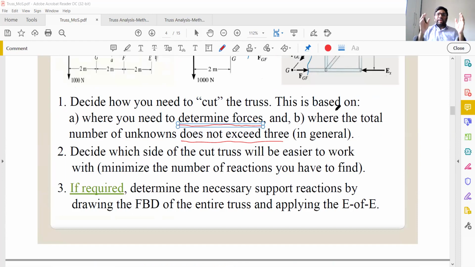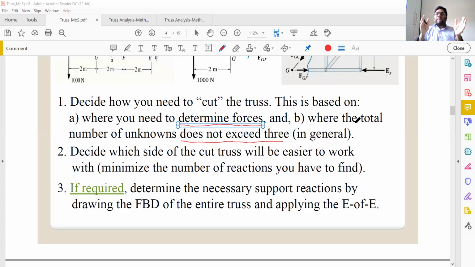Let me take an example where a train is moving from left to right. Left is 0, right is 30, the dead end. Somewhere in between, I need to find the eighth member force. If I have to calculate the force in the eighth member, which is the nearest portion, left side or right side?